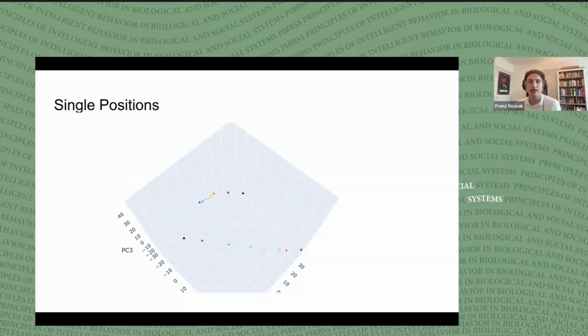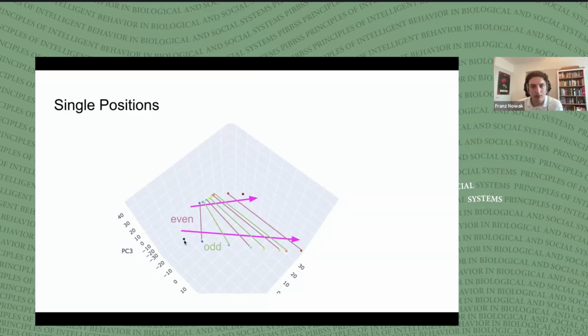And if we look at a single pair of positions here, like one even and one odd, then we see these two lines. If we go from -1, the 0 actually appears on both sides of this track.